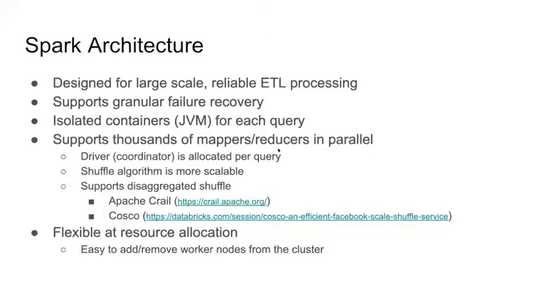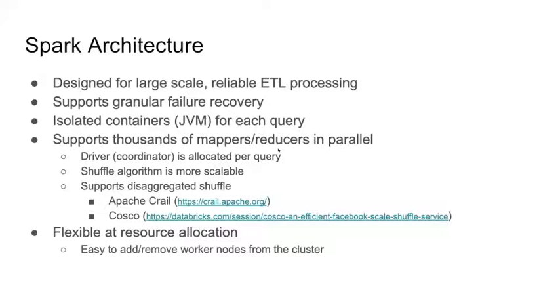Spark was originally designed for large-scale, reliable ETL processing. So it was built from the ground up to support very granular failure recovery. It also runs queries in isolated containers, so each query runs on its own JVMs. Also, Spark's model of execution supports thousands of mappers and reducers that can be run in parallel.